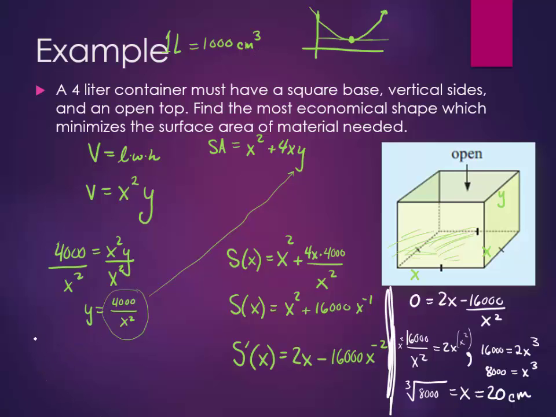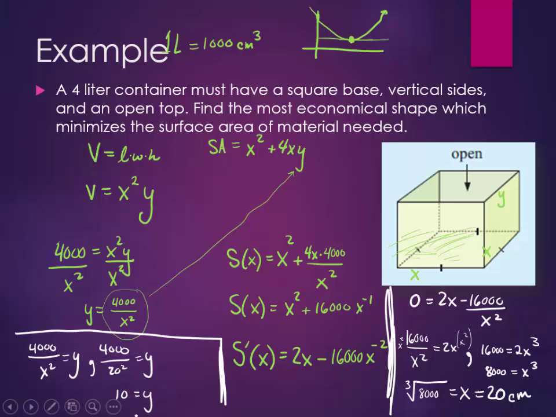So we go back to the y value. 4,000 over x squared equals y. 4,000 over 20 squared equals y. That is 10 equals y, isn't it? So y equals 10 centimeters.